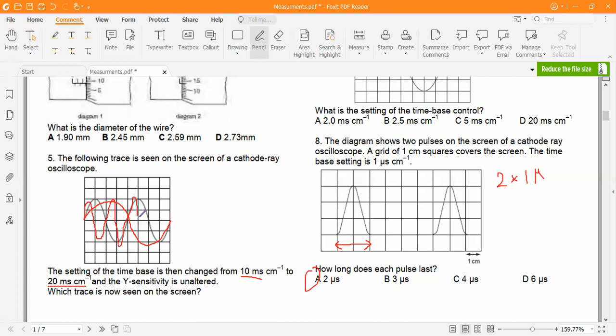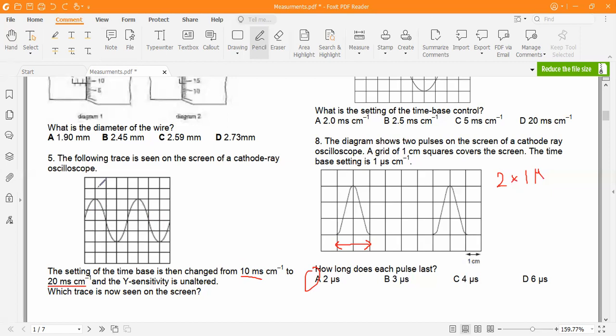For that, you will have to think about it. In the previous case, each block was representing 10 milliseconds. Now each block is representing 20 milliseconds. So if you think about it, everything that was happening in two blocks in the first case is now happening in one block.